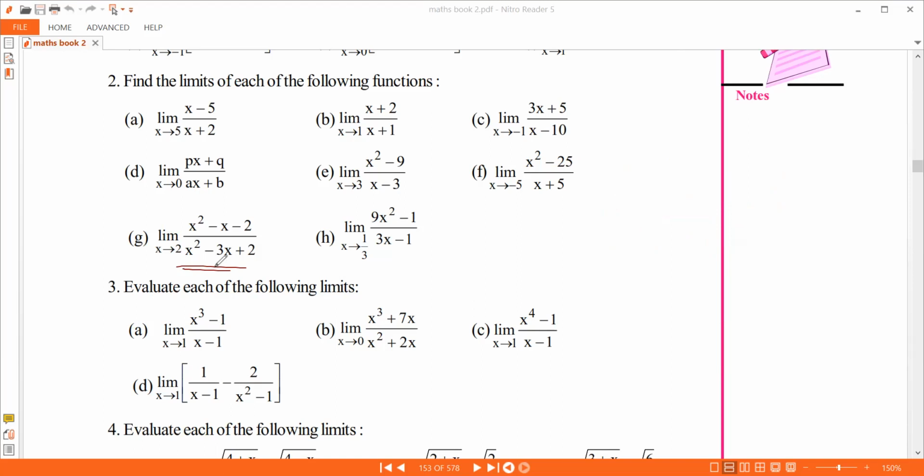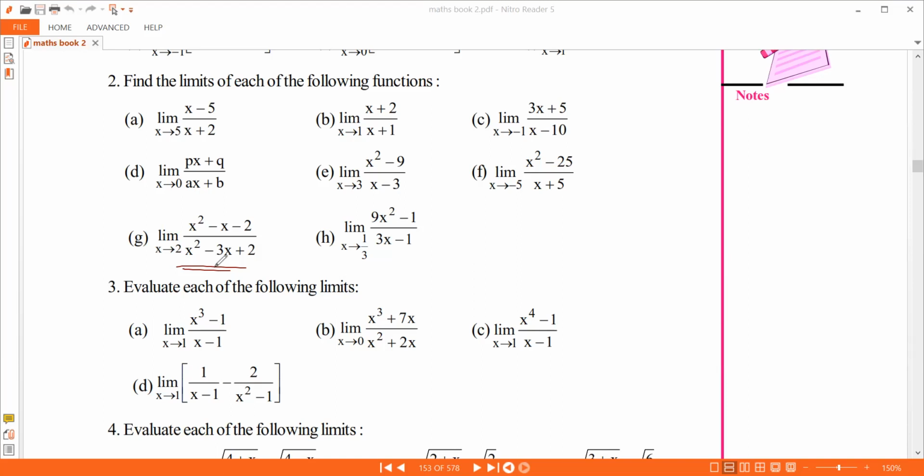I'll write it down fully. Plus 2, the upper part is 0, and the lower part is also 0. So 0 by 0. We have an indeterminate term again.